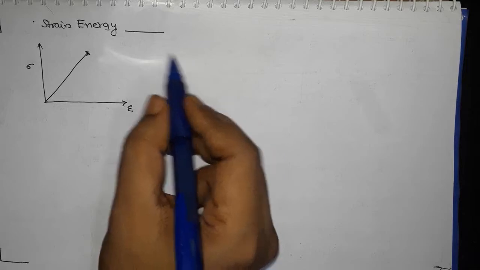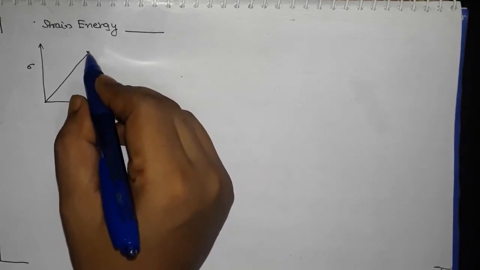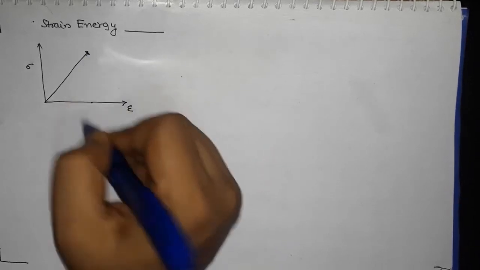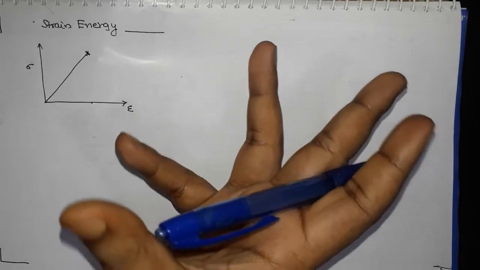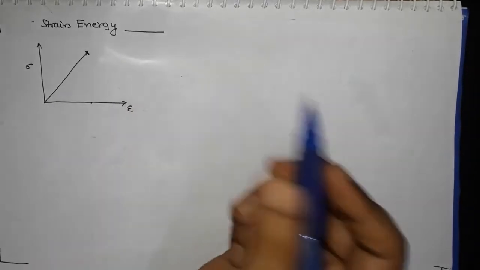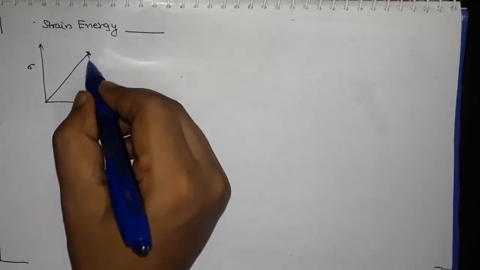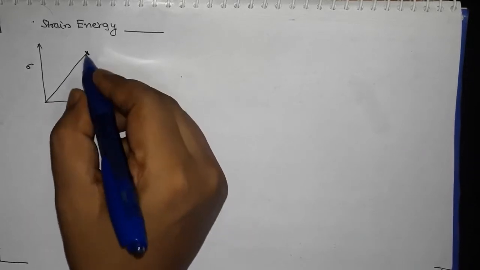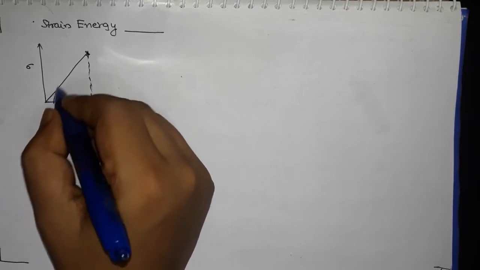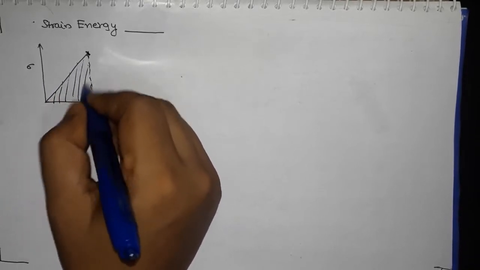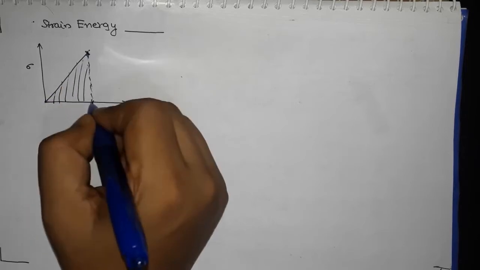The sample will break into two pieces, and then the stress will be zero because the machine will not feel anything, so it will just be zero. So that point I don't have to plot, but we know that it ends here, right? So the area under this curve, because it is linear, it's a line, right?